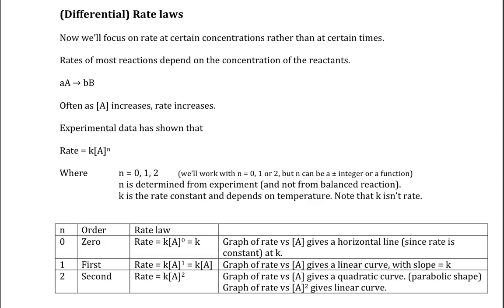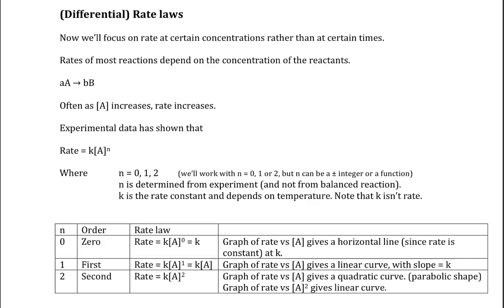For a first order reaction, we have n equals 1, so we have rate equals k[A] to the 1, or simply k[A], and a graph of rate versus [A] gives a straight line with a slope equal to k. Notice if you think of y equals mx plus b, where the y-intercept here is 0, so b is 0, we have rate as y, m as k, the slope, and [A] as x, so the slope is k.